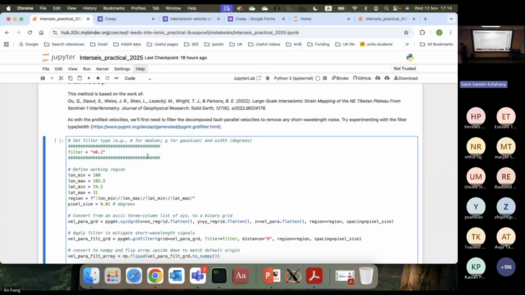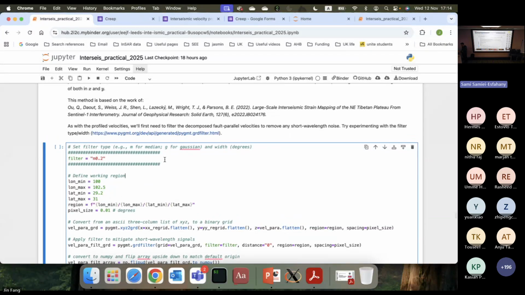As with the profile velocities, we'll first need to filter the decomposed fault parallel velocities to remove any short wavelength noise. You can try experimenting with the filter type and width here. For example, a median filter or a Gaussian filter.